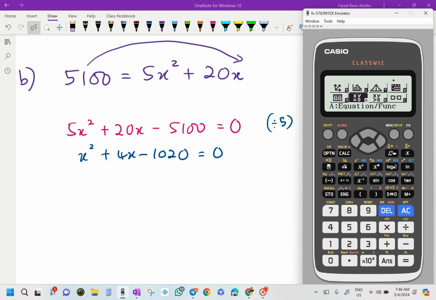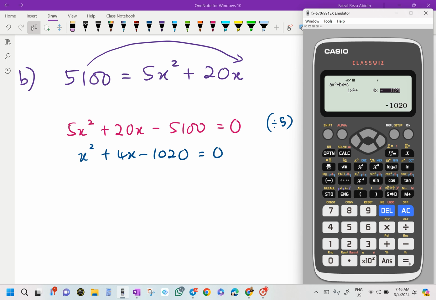Then go for equation, after that go to degree 2, and we are going to have A here is 1, B here is 4, C here is negative 1020.